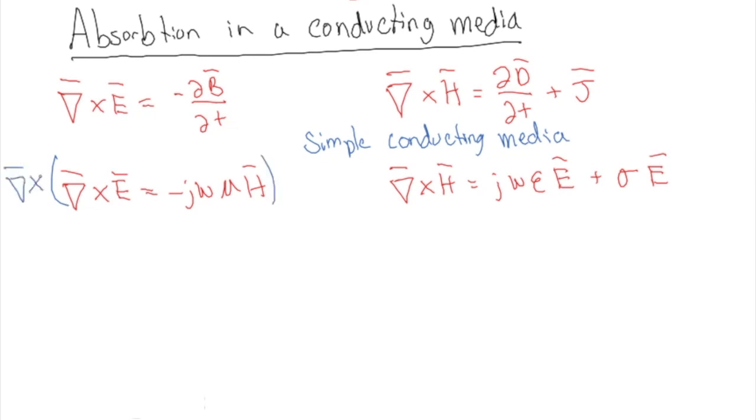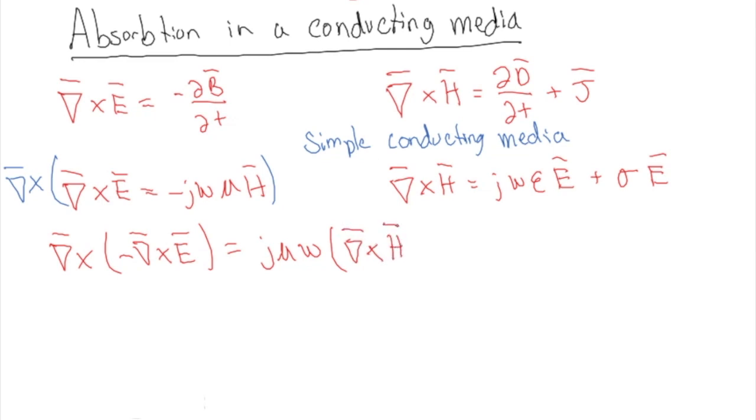And when we take the curl of it, we get the curl of the negative curl of the electric field equaling jωμ times the curl of our magnetic field.